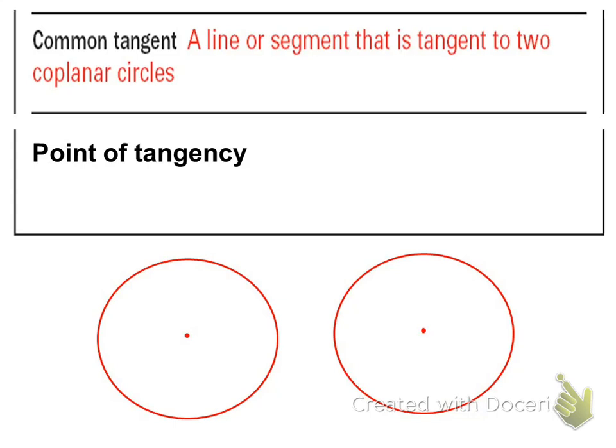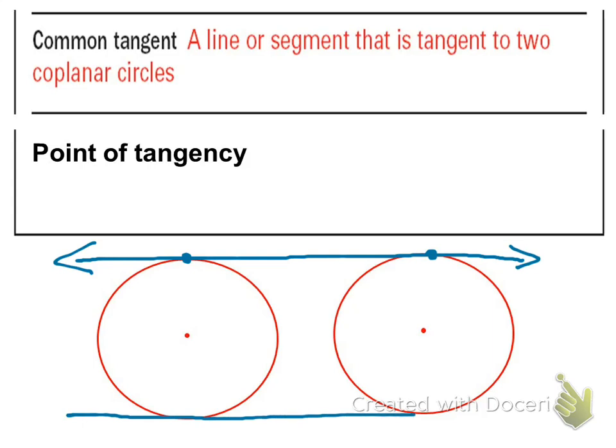I could draw a tangent to these circles across the top, like this, so that it intersects this circle one time and intersects this circle one time. This is a common tangent. I could draw another common tangent across the bottom here. You should be drawing these into your notes, please.